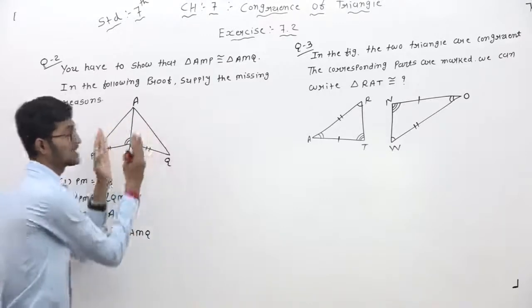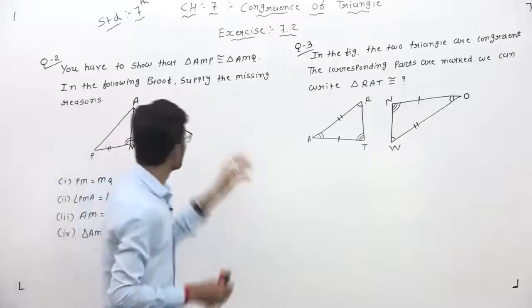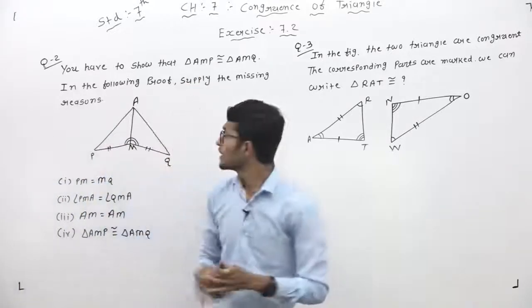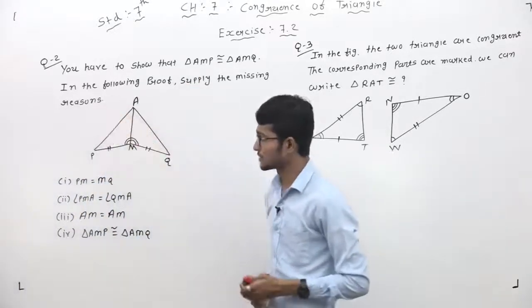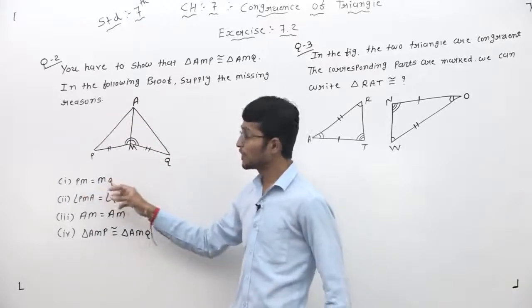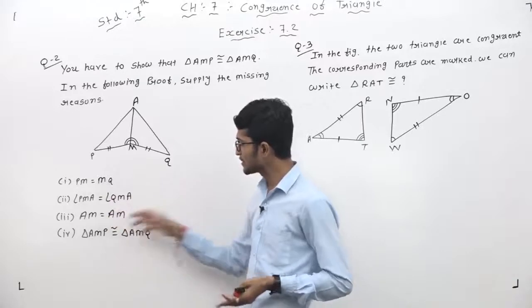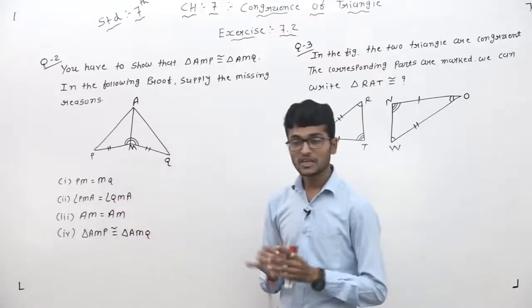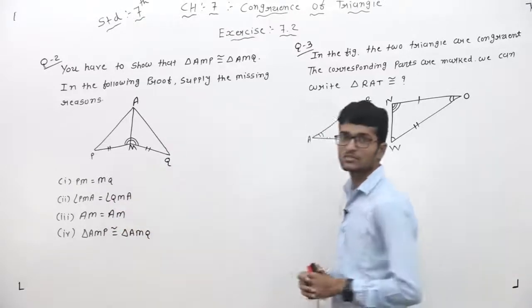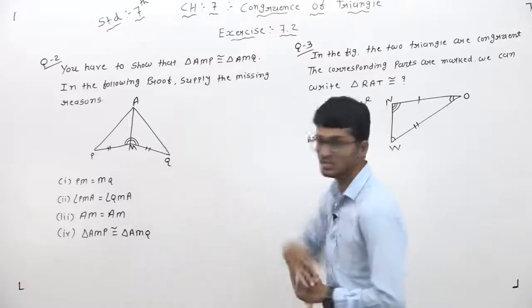So these two triangles are congruent to each other. Now we will write the reasons. Here PM is equal to MQ, write down the reason. Same for this one, this one and this one: we will write these 4 reasons for the following questions.